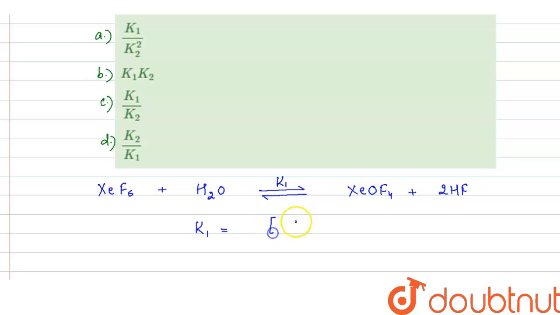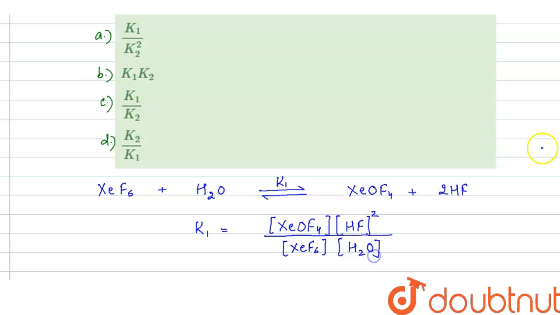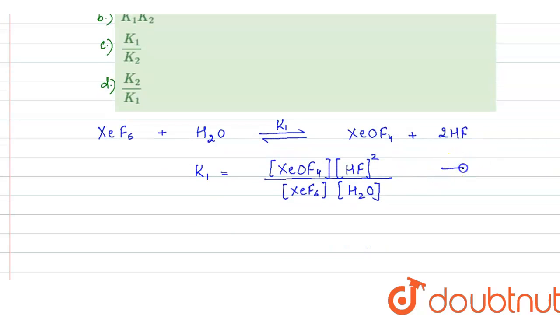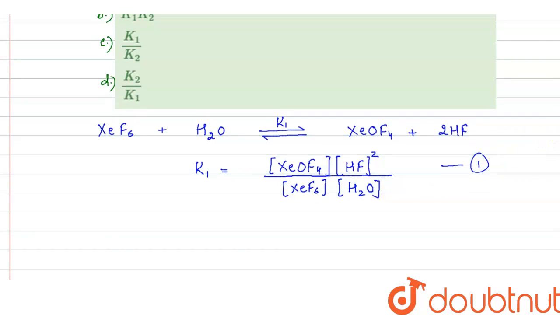So here we will have concentration of XeOF4 into concentration of HF raised to the power 2, because here we have 2 moles of HF and the stoichiometric coefficient is always written as the power of the concentration term, divided by the concentration of reactants. So in reactants we have XeF6, so concentration of XeF6 into concentration of H2O. So this is K1, right? Let this be equation 1.